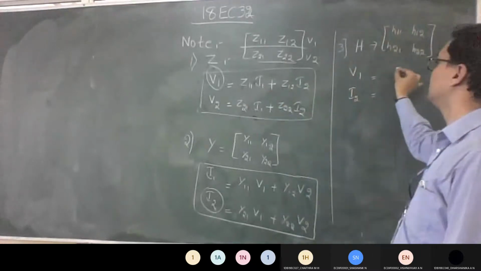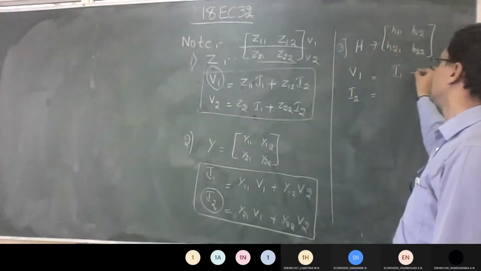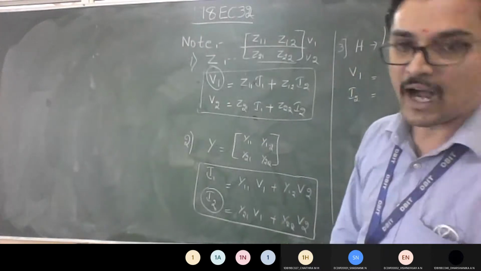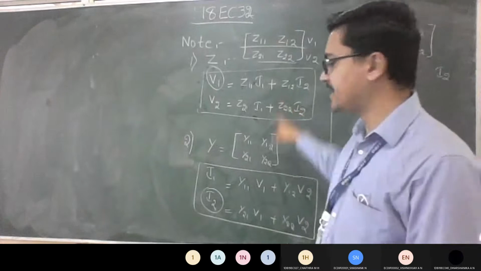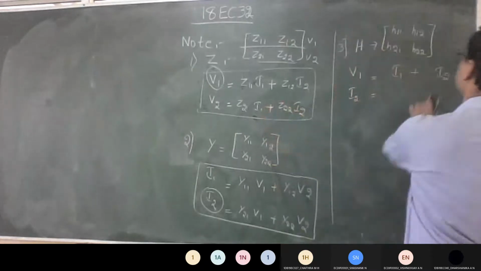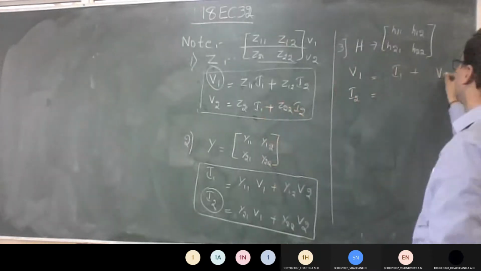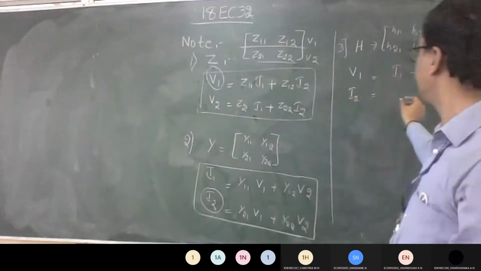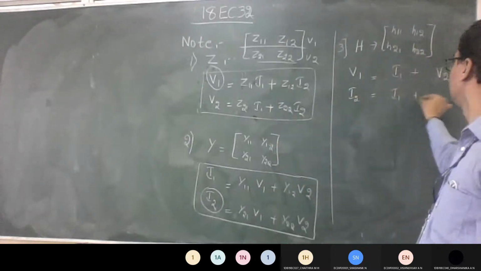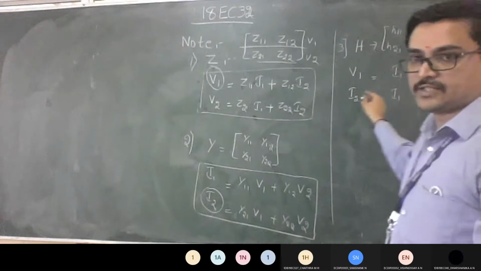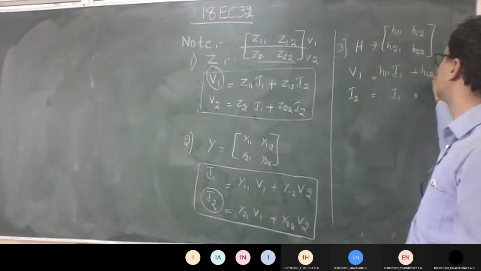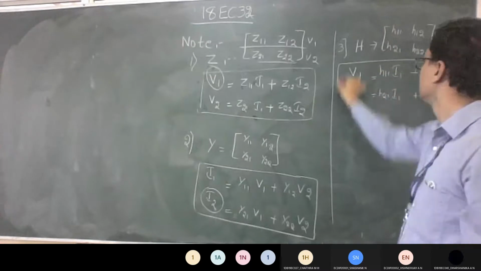So the V1 equation was I1, I2, but now since I am mixing these two, you're supposed to write this as I1, V2. Clear? Remember one, because the same thing is applied here also, I1, V2. So just substitute the coefficients here. That becomes your generalized equation for the H parameter.